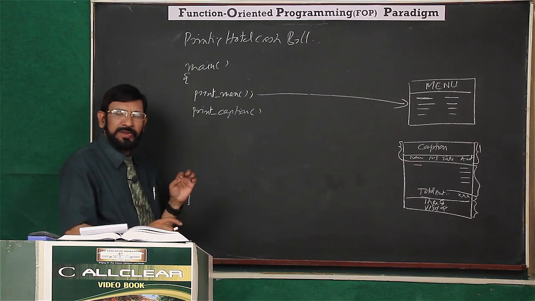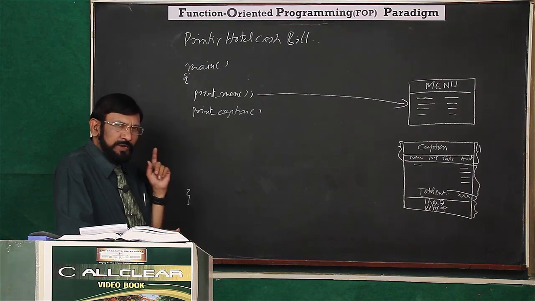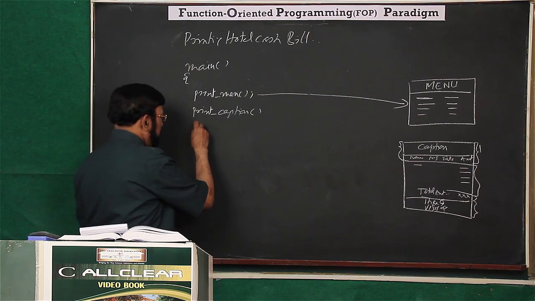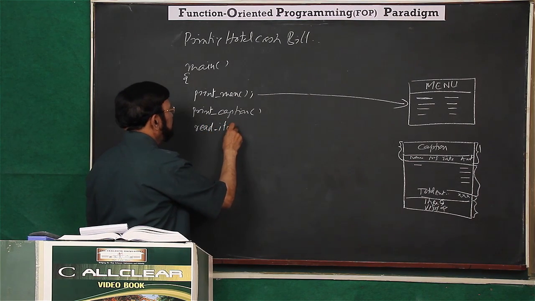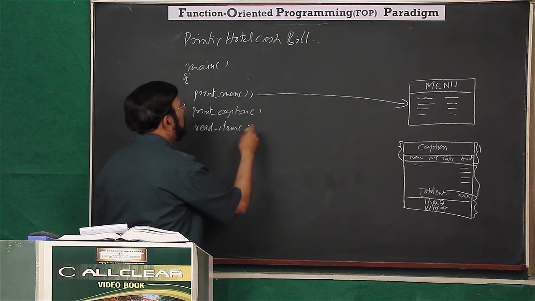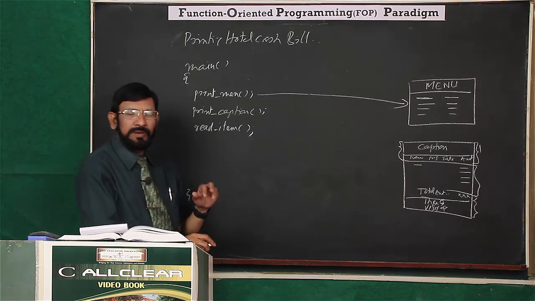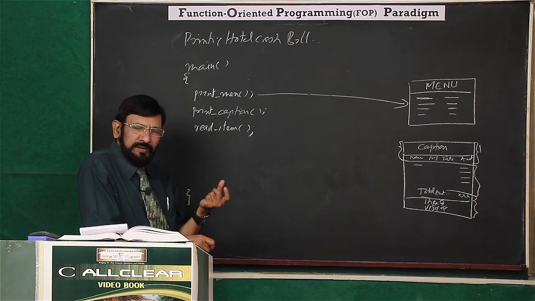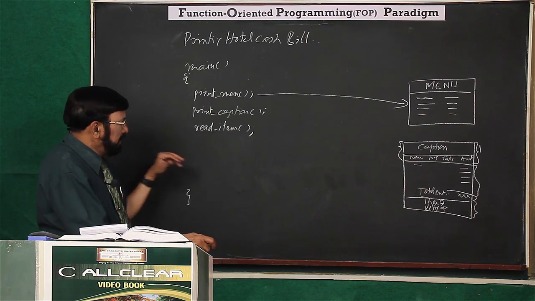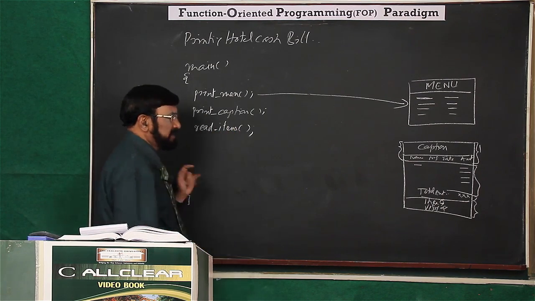So, read items. Every customer gives a different set of order, a different set of items. So, reading items is the second job.